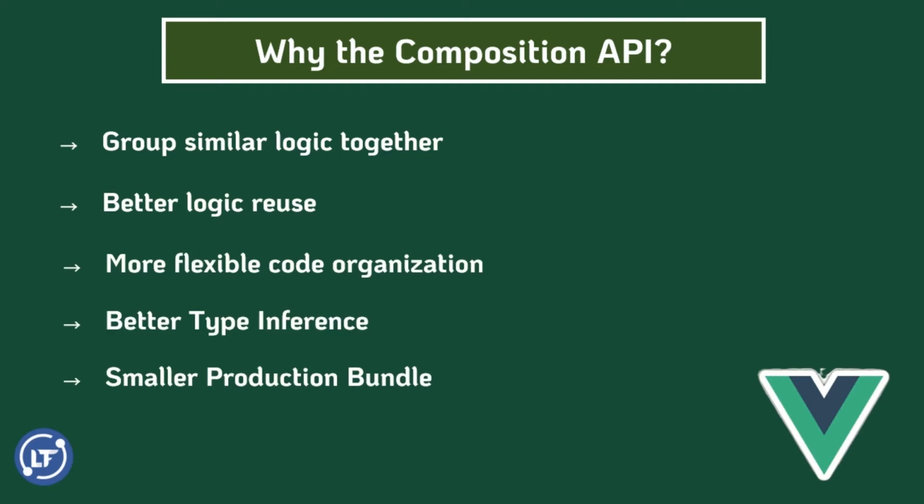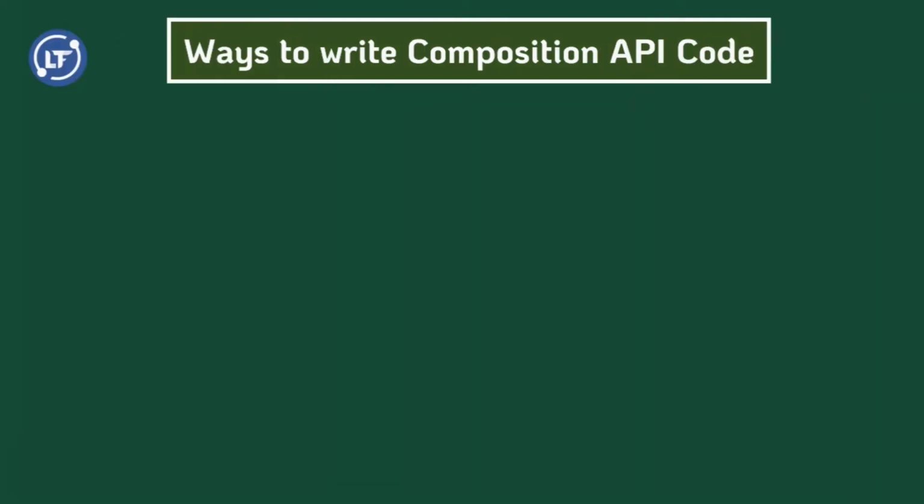Now, I want you to know that the composition API does not totally change the way we write our Vue applications or render the options API useless. No, it comes to improve on the options API and to address some of the limitations we have when using the options API.